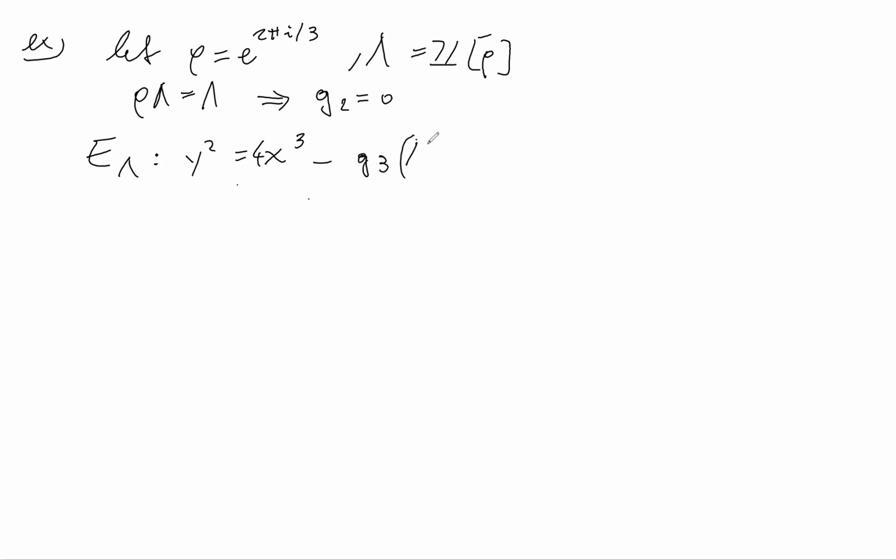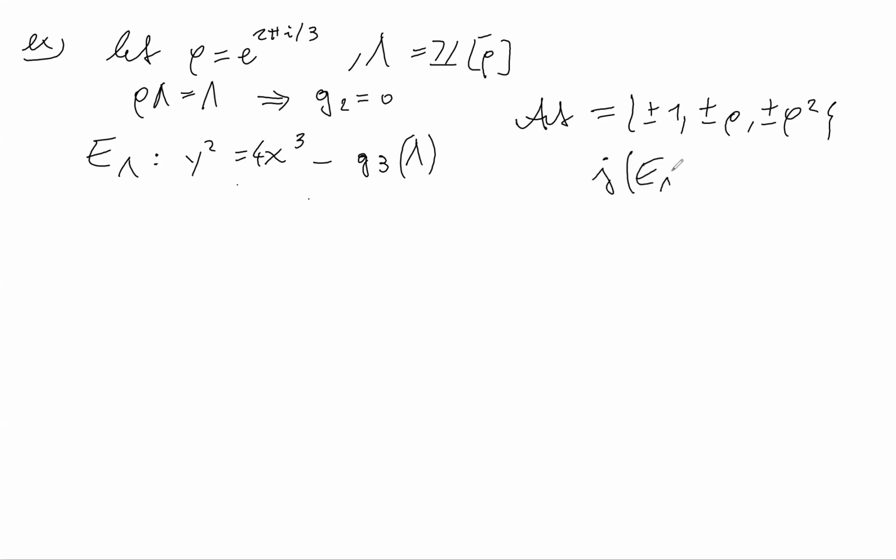Again, I can look at the automorphism group and find this one, rho, plus its square. And this is an automorphism group of order 6. And again, there's a unique elliptic curve, and this is the unique elliptic curve with j-invariant 0.